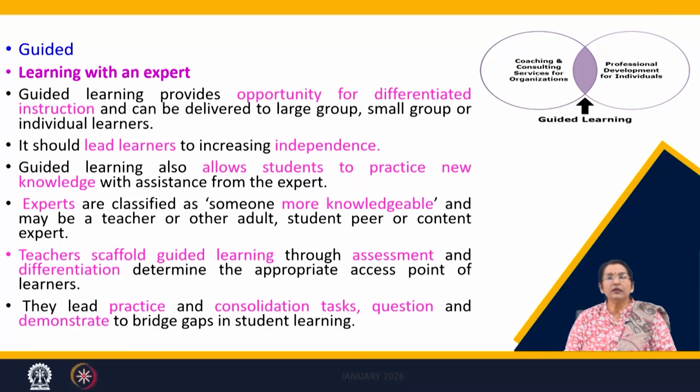The mentor, the expert, shows us many pathways, many strategies, many conditions and contexts, which differ from one context to another. At the same time it gives an opportunity for differentiated, varied, diverse instruction, which can be delivered to large groups, small groups, or individual learners.